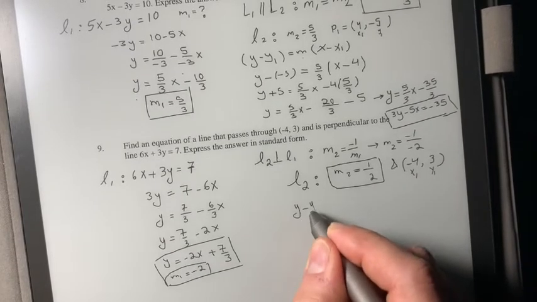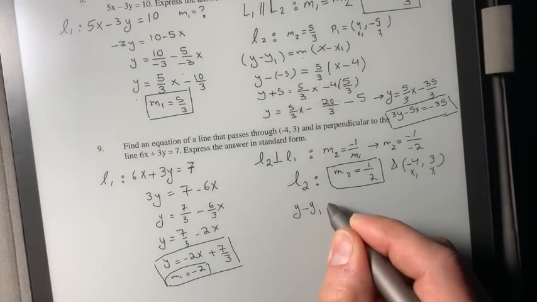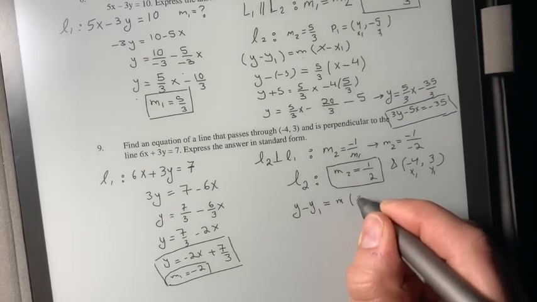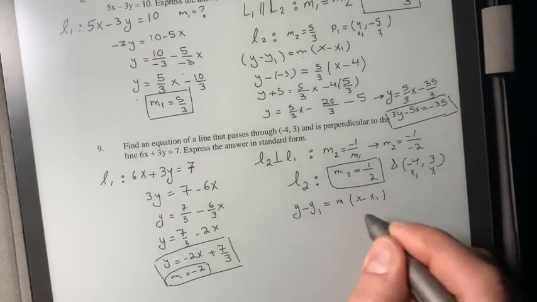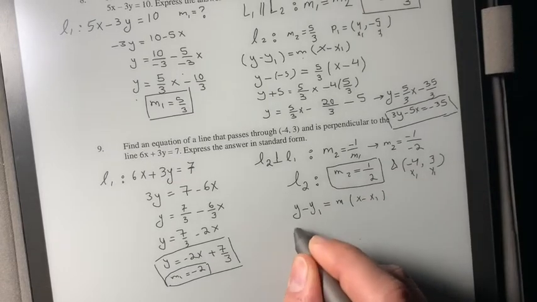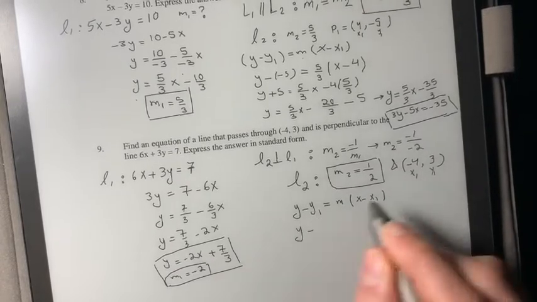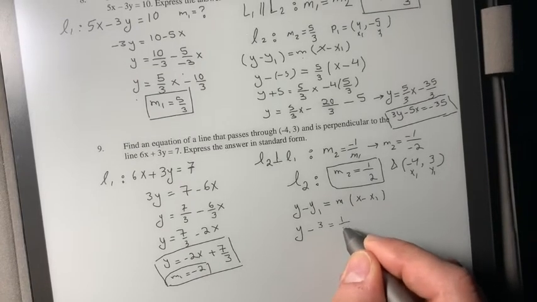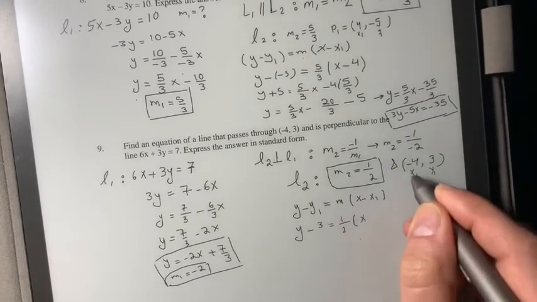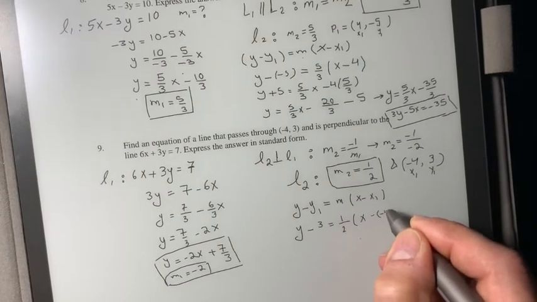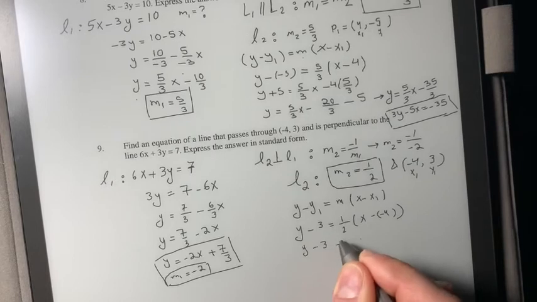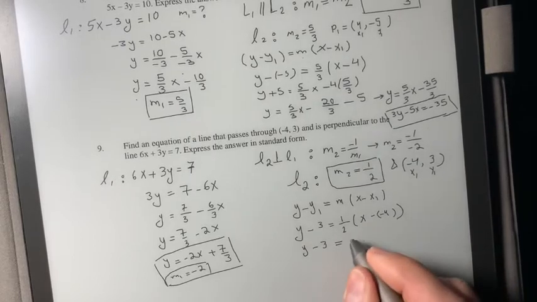Let's again use the slope-point formula, because we have a slope and we have a point. So y minus, instead of y1 we should put 3. Instead of the slope we have 1 over 2. Instead of x1 we have negative 4. And now let's solve this to find the organized relation.